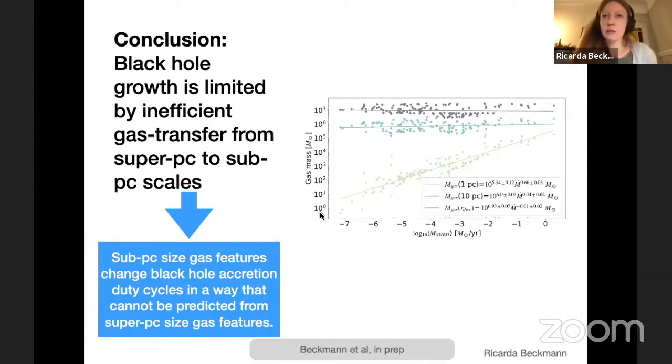And we found that there's very little correlation between the information on the larger and the smaller scales, or at least it's not as simple as linking the amount of gas on, say, 10 parsec scales near the black hole, and that does not provide you a reliable accretion rate onto the actual black hole, even in this incredibly simplified scenario where we've neglected the feedback effects.